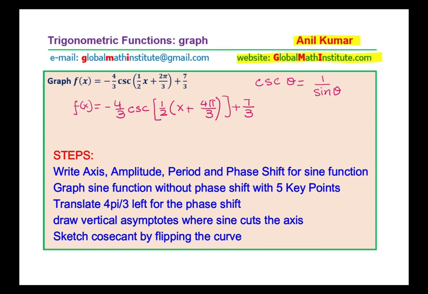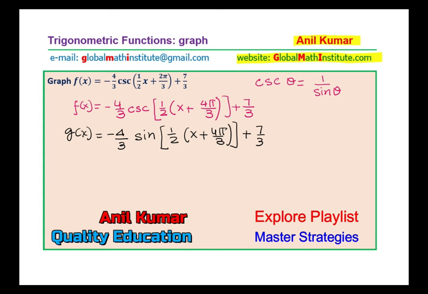So once you have this, one of the most important things is that we now have to sketch, let's say, g of x, which will basically be the sine function, sine of half x plus 4 pi by 3, plus 7 over 3. That is what you have to sketch. Once you sketch the sine function, it is easy to sketch the cosecant function. So that's what we are going to do.